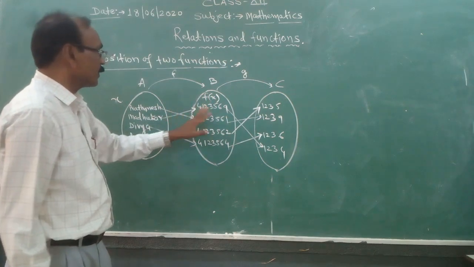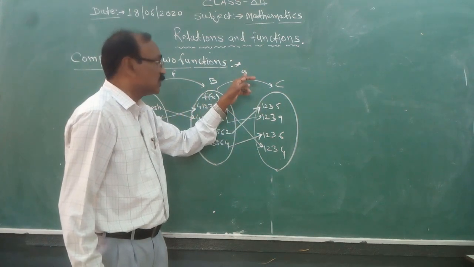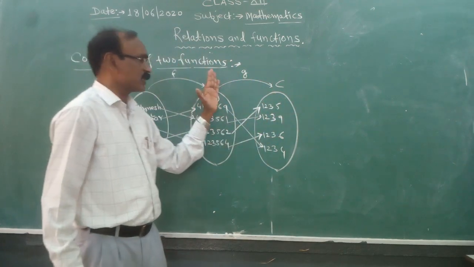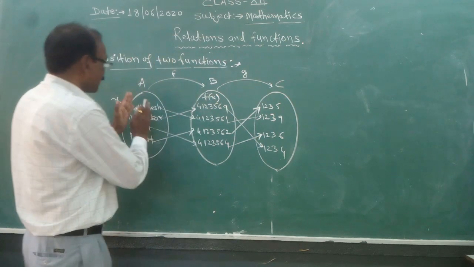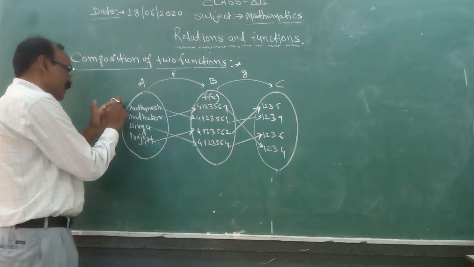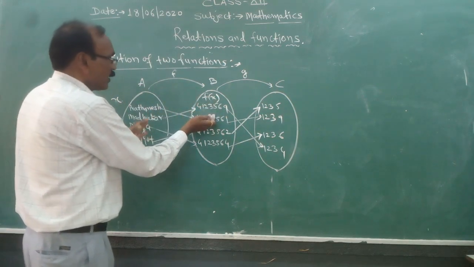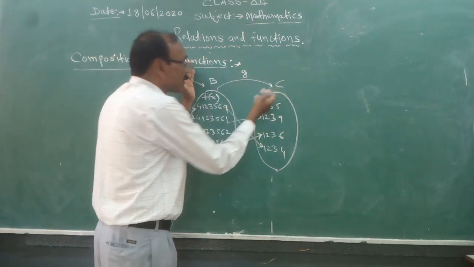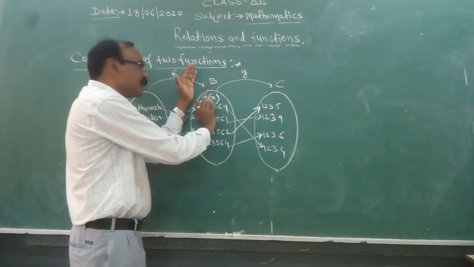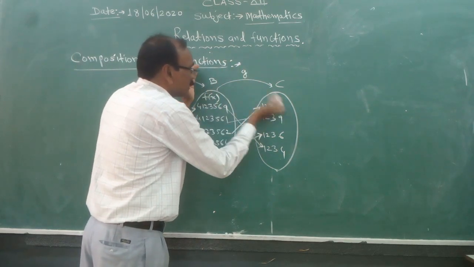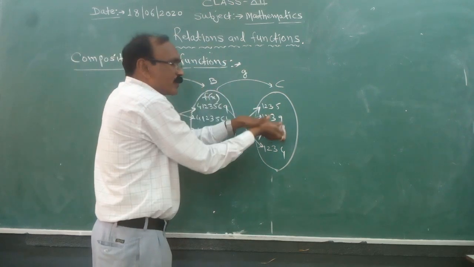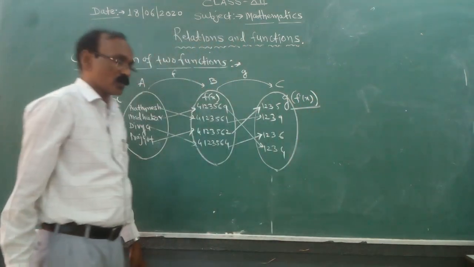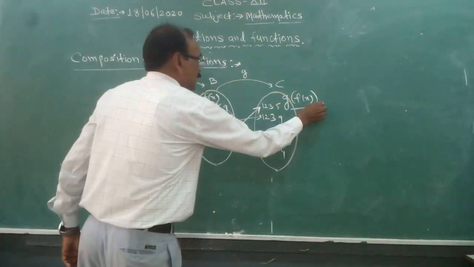Now here, the domain of the function g, since the second function has started, will be this set. Do not forget that where these two sets were, function f was there, so its domain was x, and this answer you got is f of x. Now forget this. Suppose there are these two sets, then here another function g is there, so its domain will be f of x. Therefore the image of this f of x under the function g will be g of f of x, and this is the composition of functions.